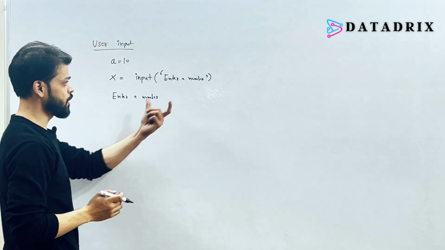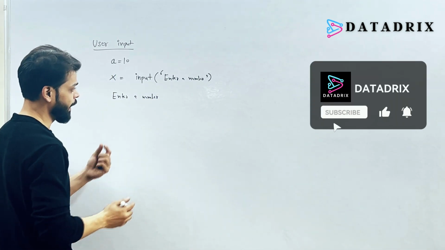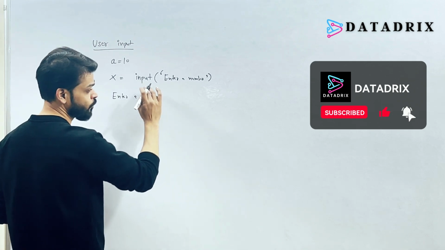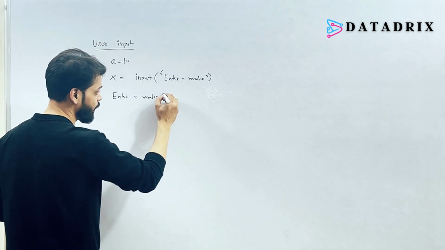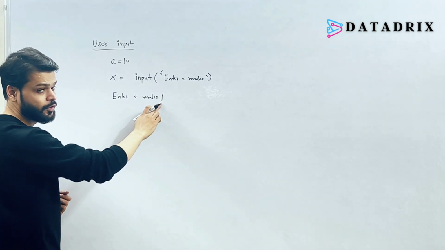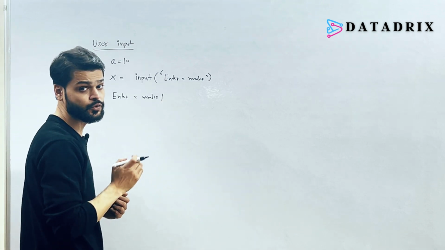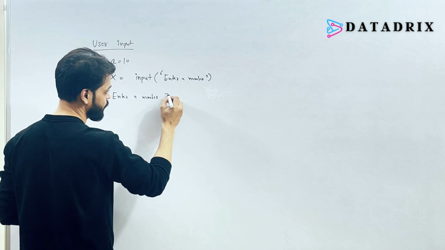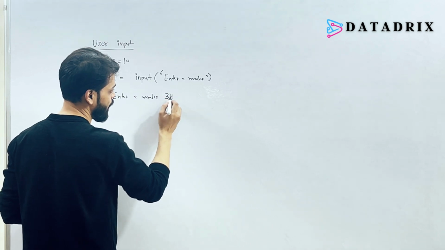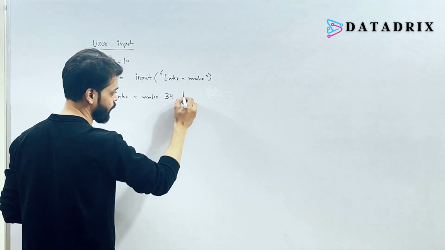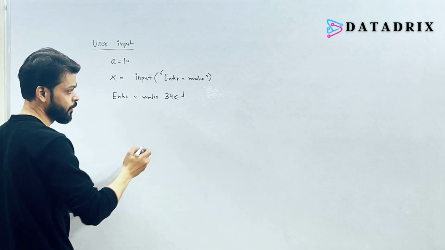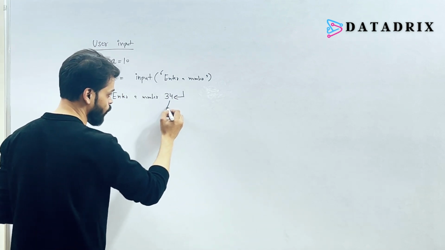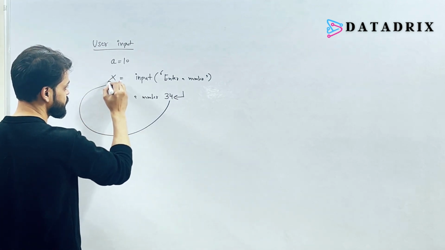So this statement will get printed out first and then the input function will get activated and you will see a cursor after this and it will wait for the user input. Suppose you have passed a value, let's say 34, and just after that you have pressed the enter button. Now what will happen? This 34 will get into this x.